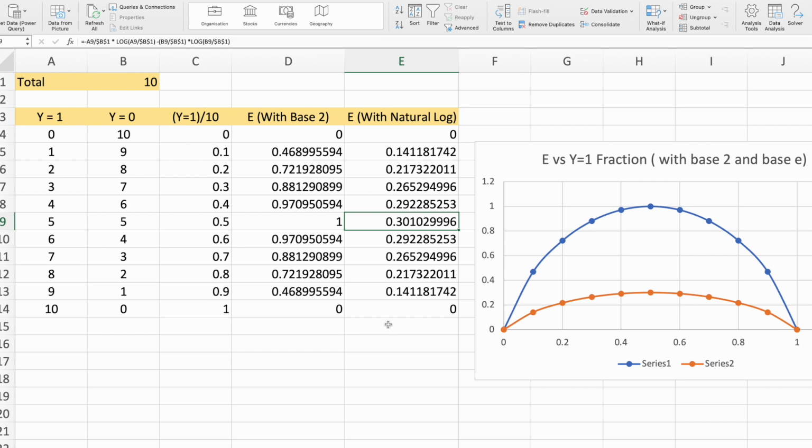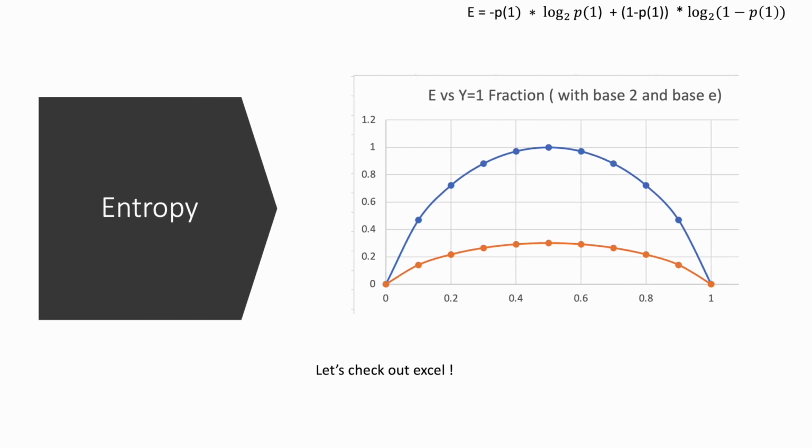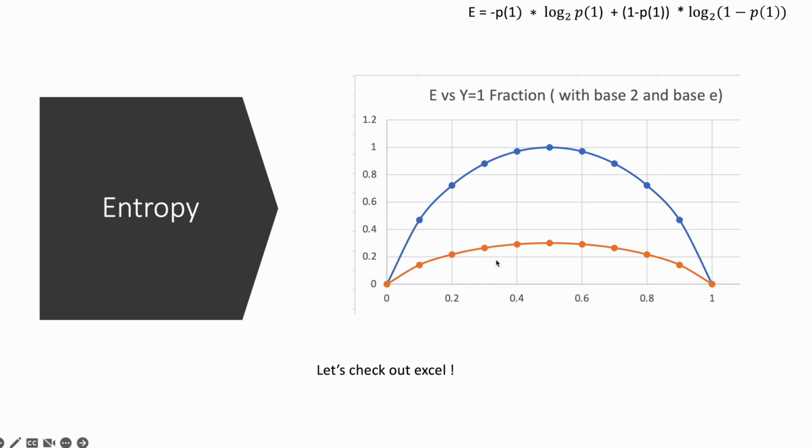Okay. Now the other thing to notice over here, let's go back to our slide. If you calculate the value at 0, what will be this particular thing, P1? Log of 0 is actually undefined.